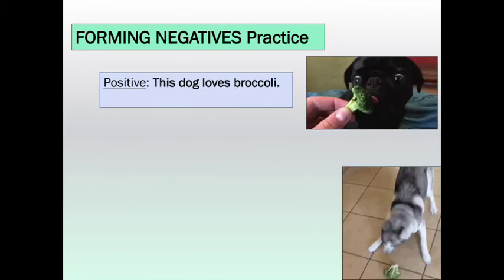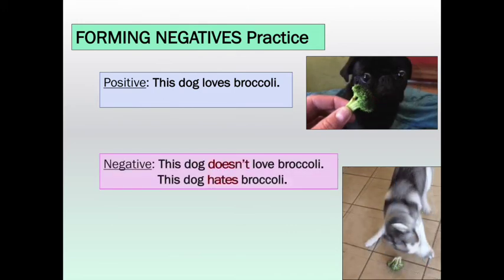The positive sentence: this dog loves broccoli. How can we make it negative? This is present simple, so it does not have an auxiliary verb in the positive sentence. Remember, we need to add the auxiliary verb for present simple.